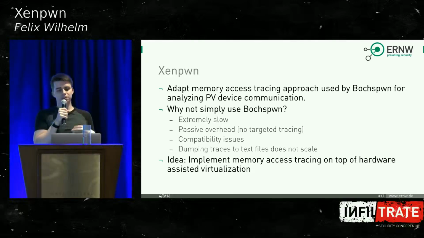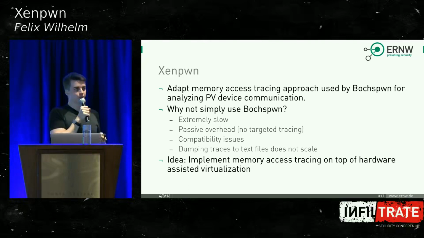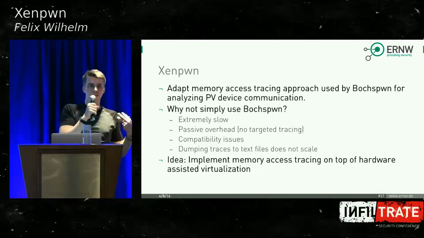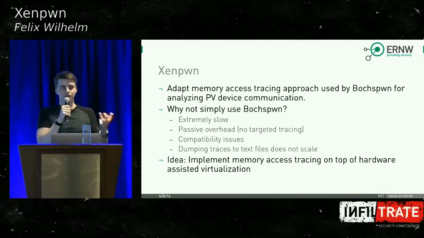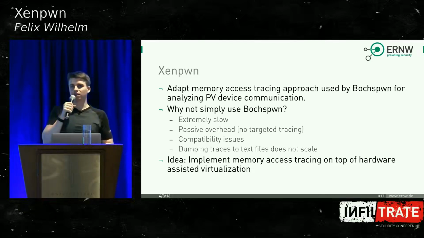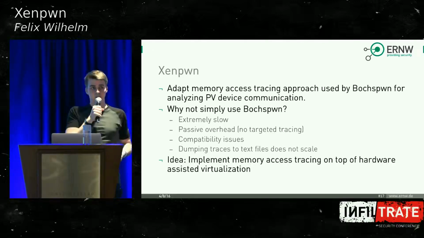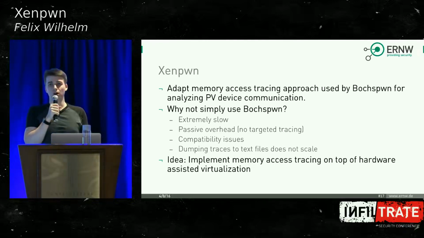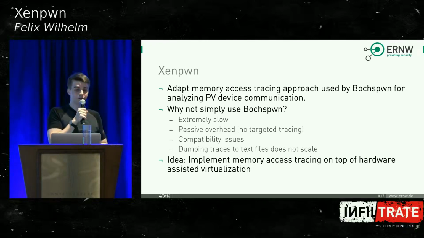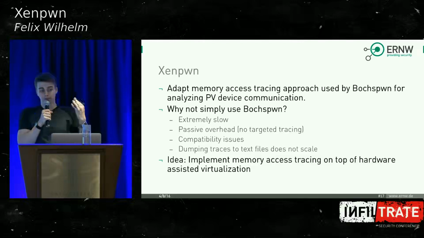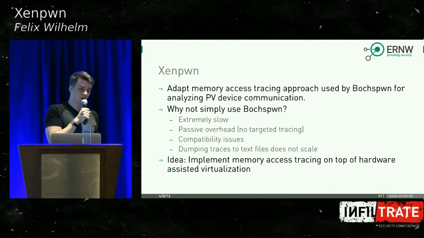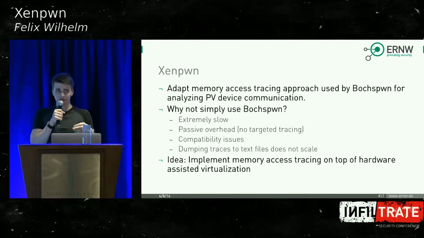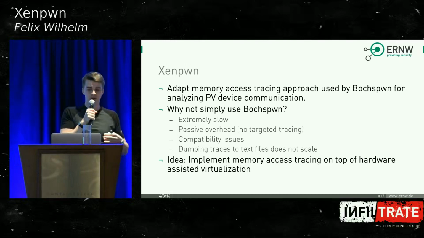And then this is also a problem they introduce in the white paper: the approach of dumping memory traces to a text file does not really scale if you want to produce really long traces. One of the main problems is that they write so much to text files that the disk I/O is heavily used.